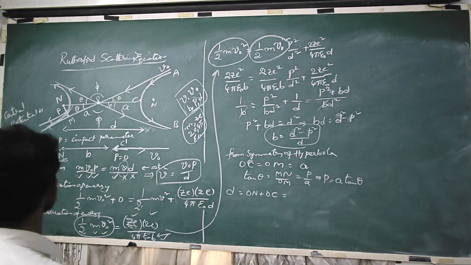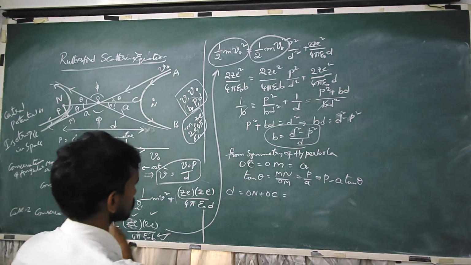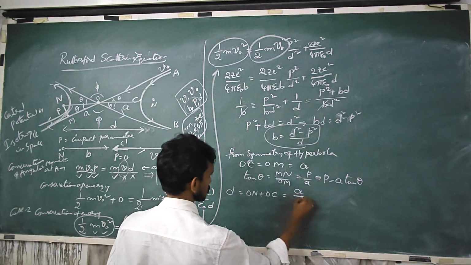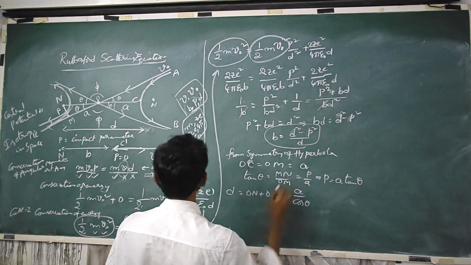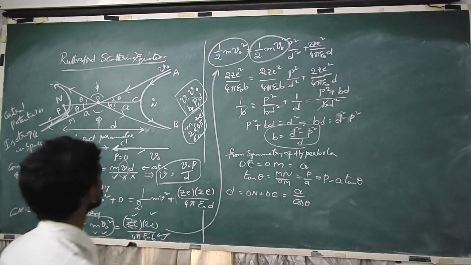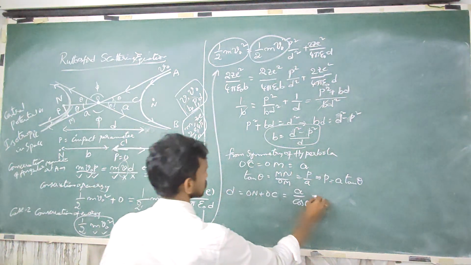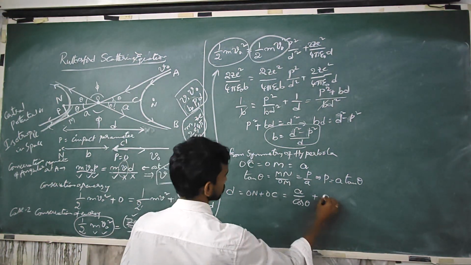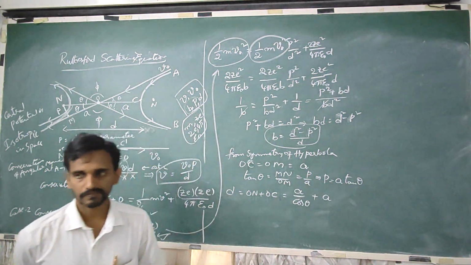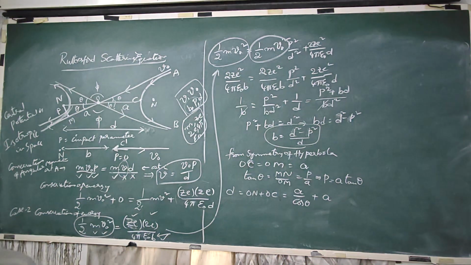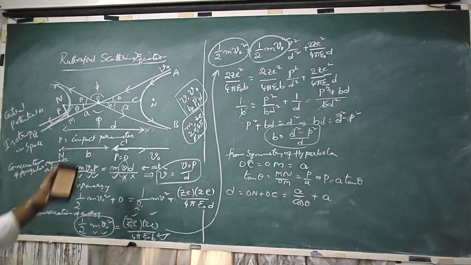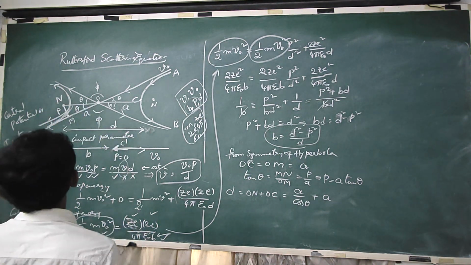So I have to get the value of ON. I can write it as, let's say, what is cos theta? It is A by cos theta plus A. What is cos theta from this triangle OMN?